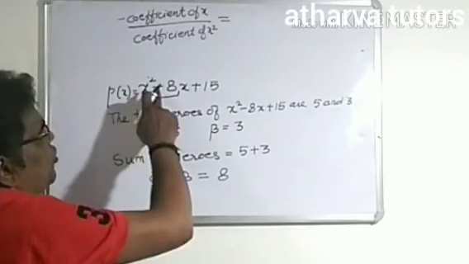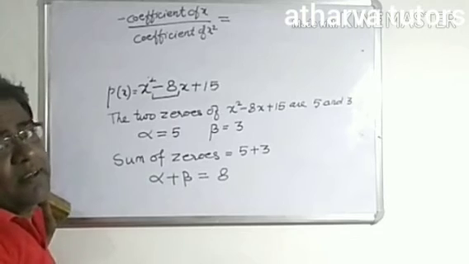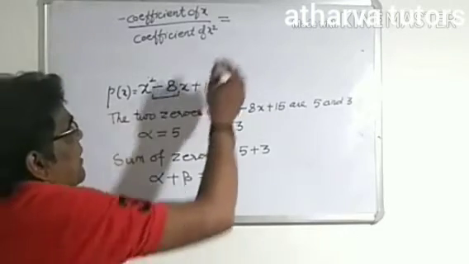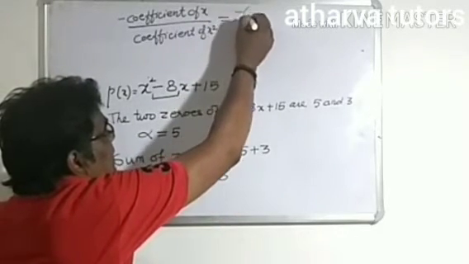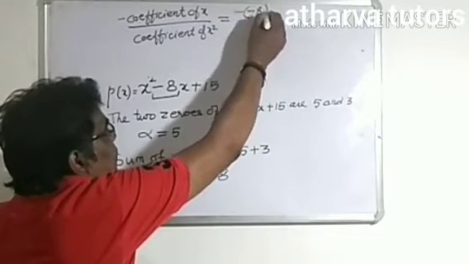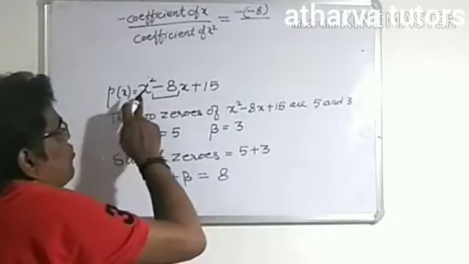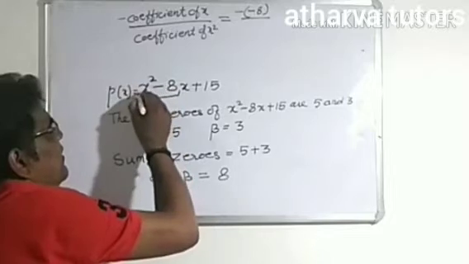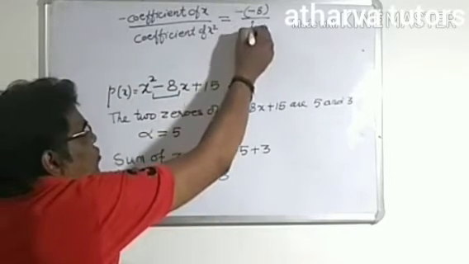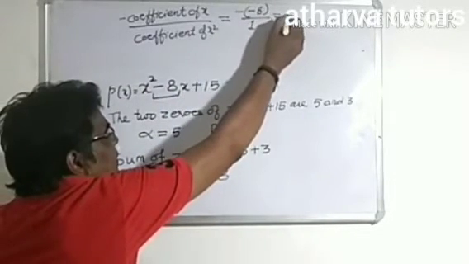What is the coefficient of x here? It is minus 8. So minus of minus 8 upon the coefficient of x square. Its coefficient is 1. So what do you get? 8.